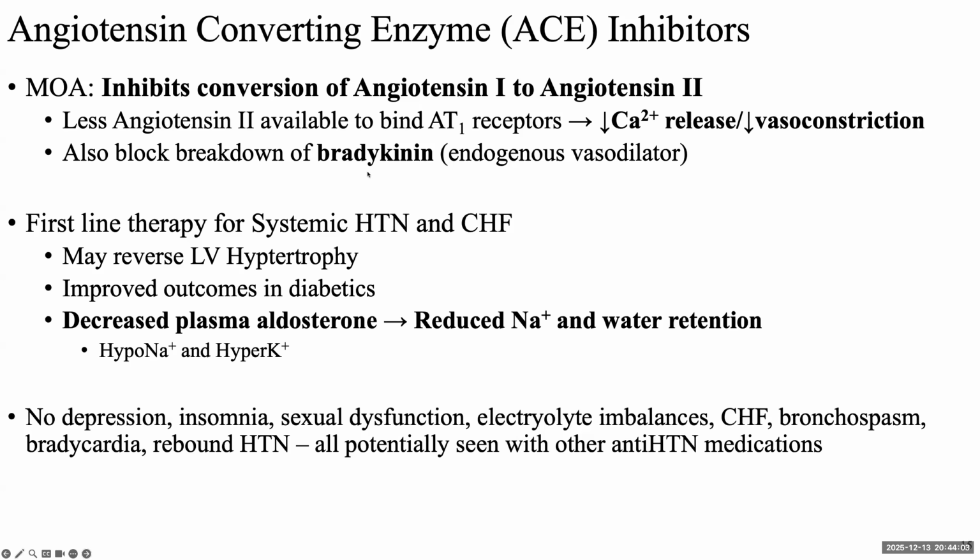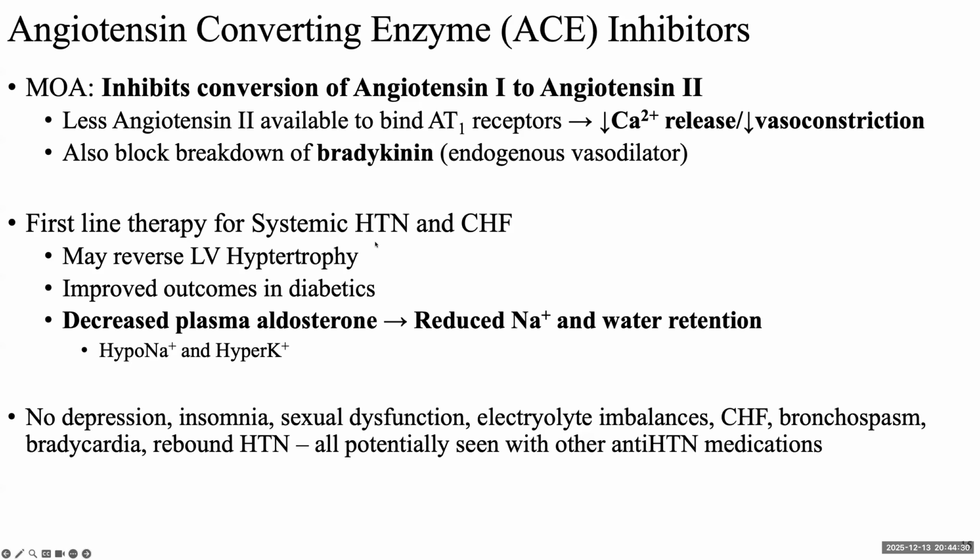Anyways, bradykinin, vasodilator. So ACE inhibitors are considered a first-line therapy for systemic hypertension as well as congestive heart failure. They may reverse LV hypertrophy, which is a common compensation that you'll see in chronic, long-standing hypertension.